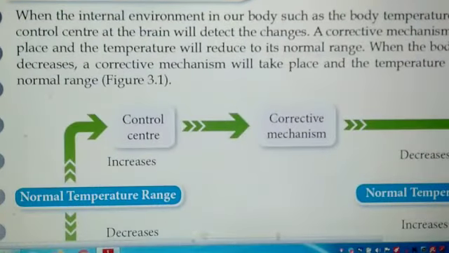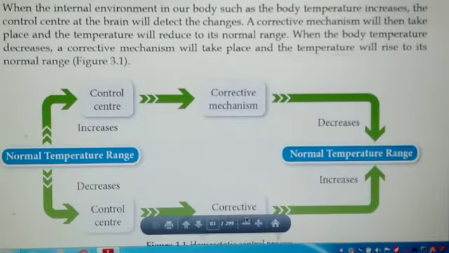Okay, before we go to the explanation about how our body controls the temperature of our body, and also how our body controls the content of water, in general we can explain the homeostatic control process as given in the diagram.